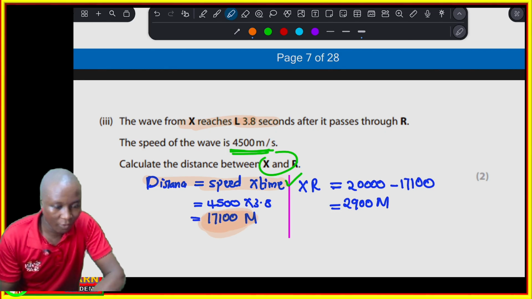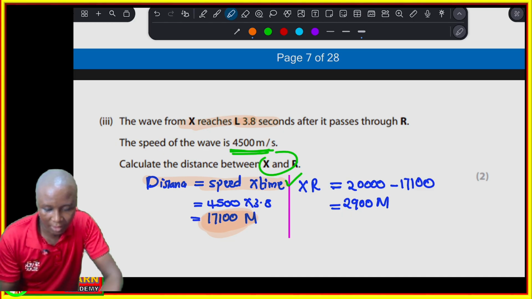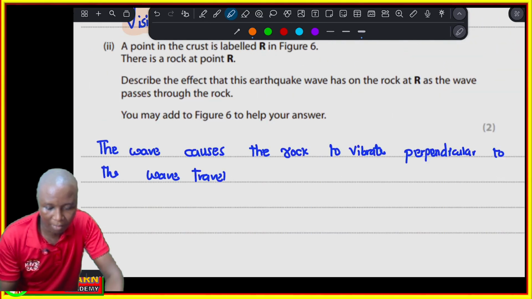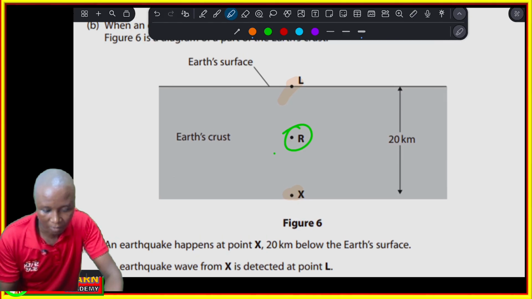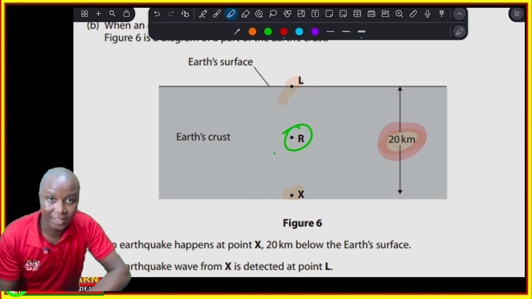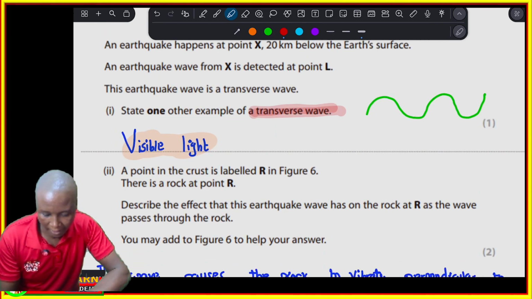Now, once we have that distance, to find the distance XR, you take 20,000 minus the answer we got, because here you are given 20 kilometers. So you can convert this into meters and then apply that.